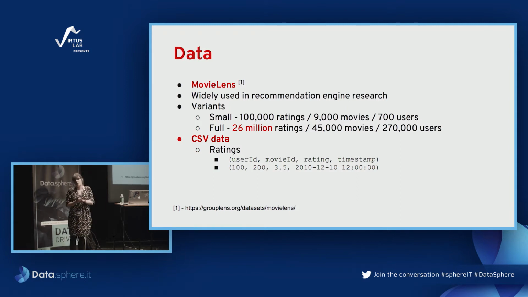And then there's a full data set with 26 million ratings, and that's good for building a more robust model. Within those data sets, there's a few files, but the one we're most interested in is this ratings file. It contains a user ID, a movie ID, a rating, which is a value from 0.5 to 5 in increments of 0.5, and a timestamp.